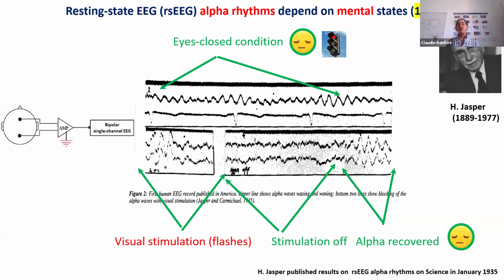So the EEG recording was able to unveil not only the changes of brain activity during quiet vigilance, eyes closed, or visual information processing, eyes open condition, but also some relation with purely mental information processing.